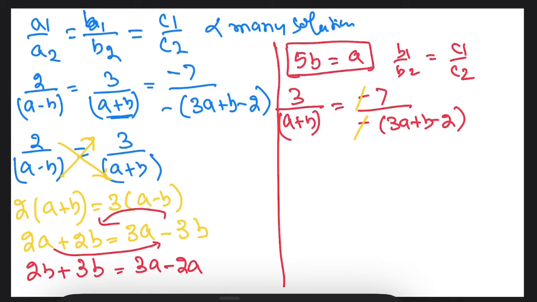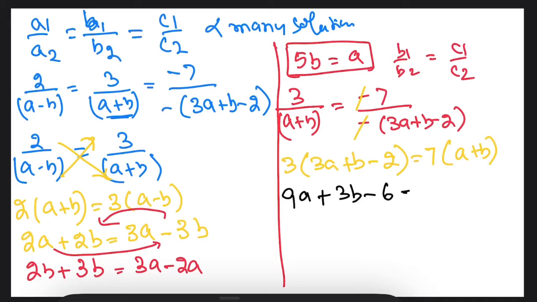So now let us do the cross multiplication. 3 into 3a plus b minus 2 equals 7 into a plus b. Now multiply. 3 3s are 9a plus 3b minus 6 equals 7a plus 7b.